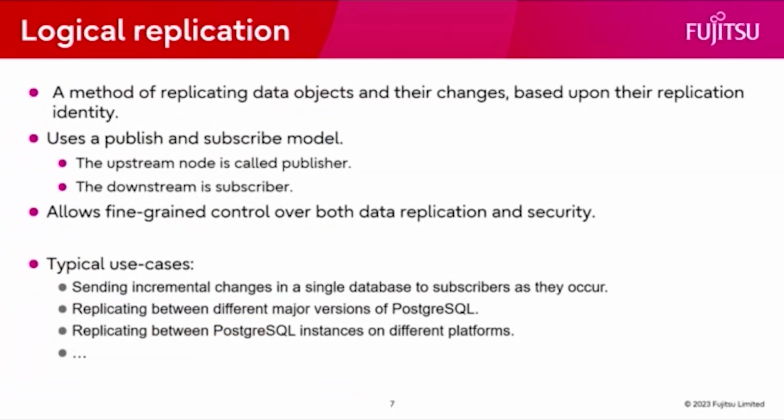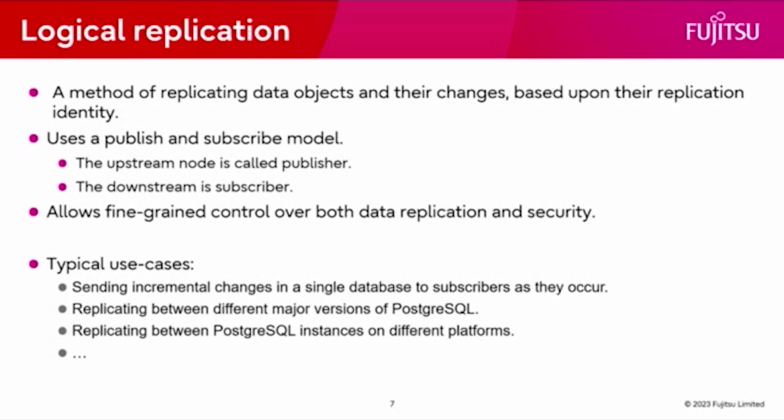Logical replication is a method of replicating data objects and their changes based upon the replication identity. It uses a publish and subscribe model. The upstream node is called the publisher, and the downstream is the subscriber.